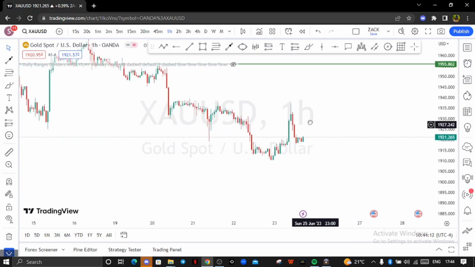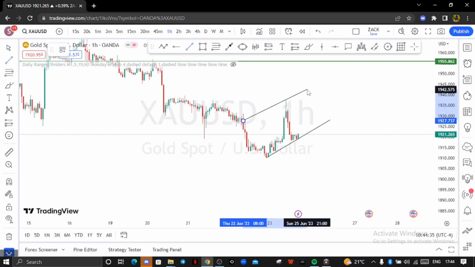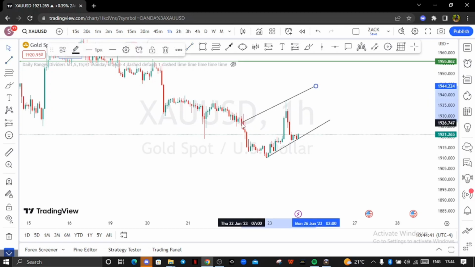So what I'll be looking for is a nice pattern that will give me an entry, probably something like this. I don't know if the market will bounce. Then once it breaks this particular trend line, and having rejected my particular H4 zone, I might be interested to take shots, but I'll just see what the market will provide so that I take my sales afterwards.